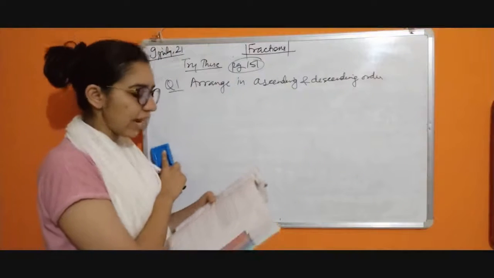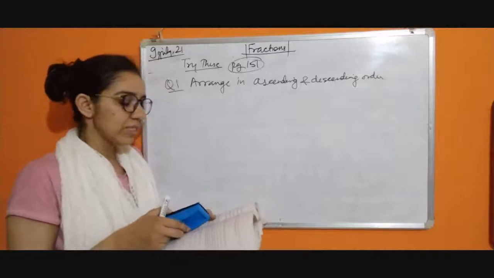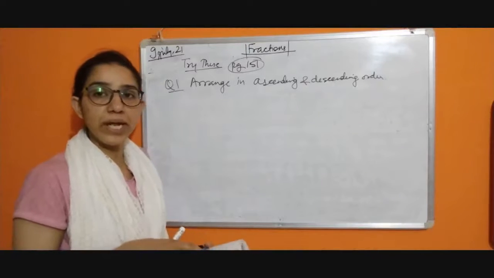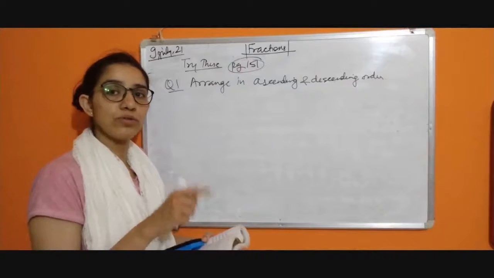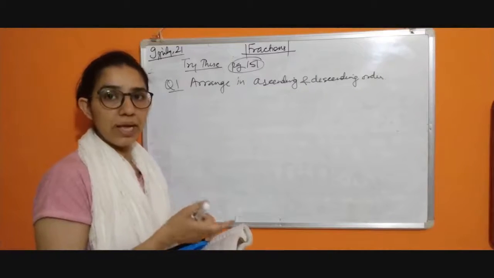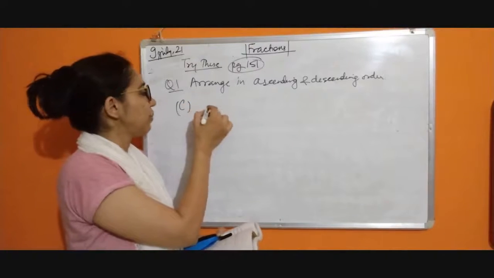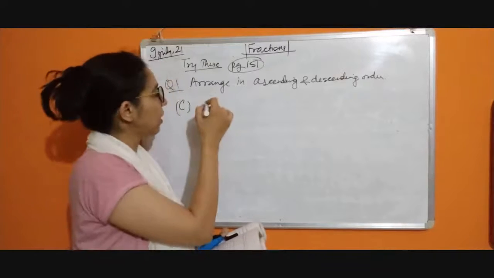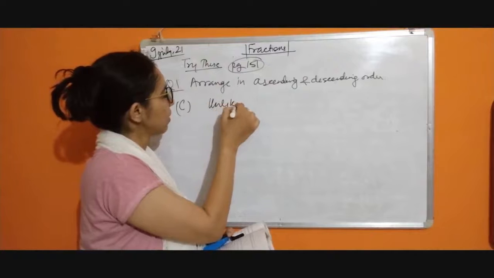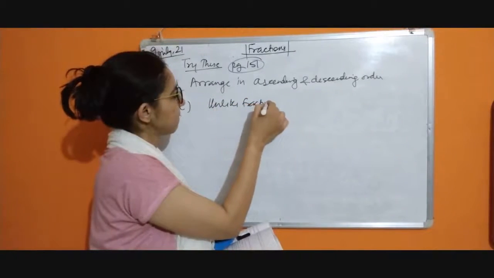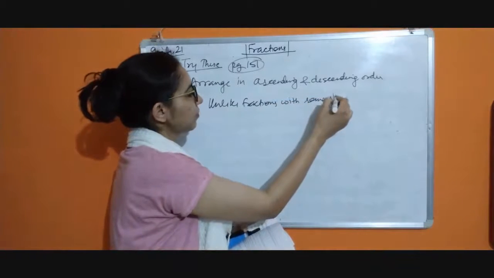And the third one is: write 3 more similar examples and arrange them in ascending and descending order. Similar examples means they were taking unlike fractions with same numerators. So we are also going to take the same kind of fractions, and then we will arrange them. We are going to take one example, some unlike fractions with same numerators.